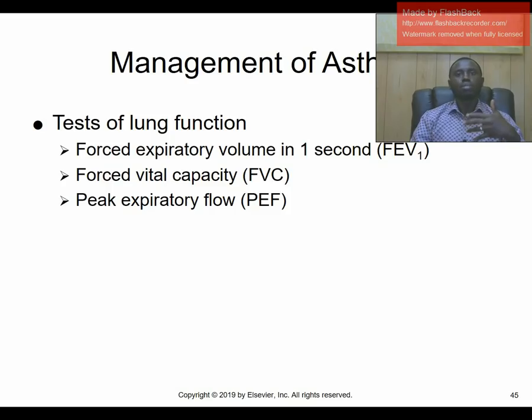An example of a beta adrenergic is going to be your albuterol. However, there are many forms of combinations of beta agonists and anticholinergics.